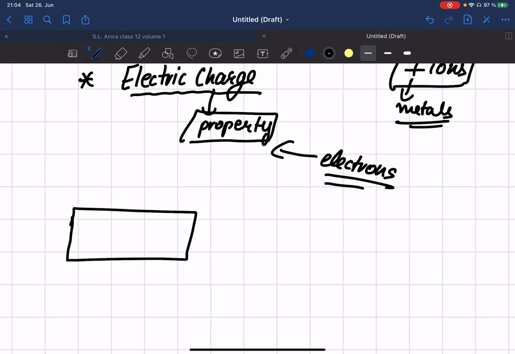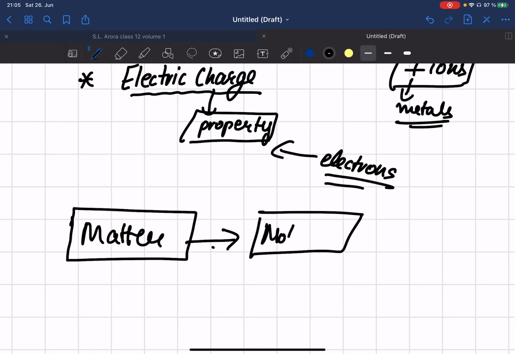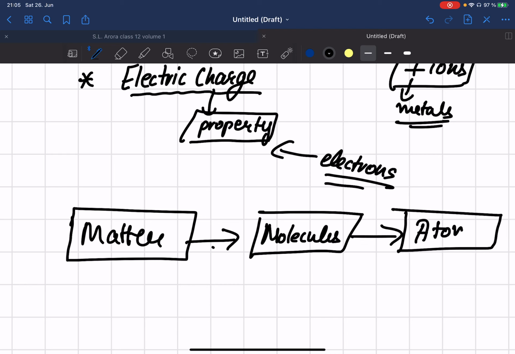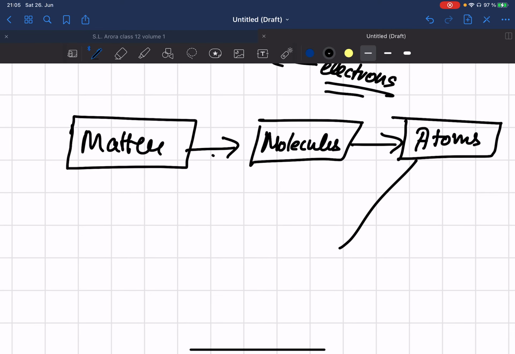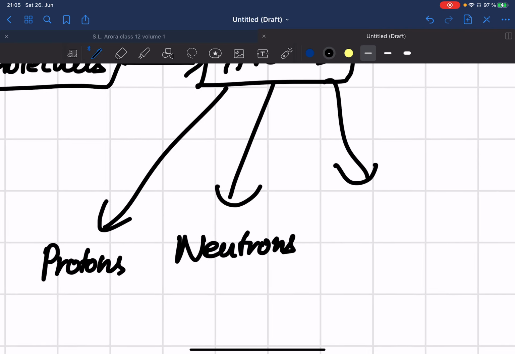Matter is made up of molecules, and molecules are made up of atoms. And atoms are made of protons, neutrons, and electrons, right?